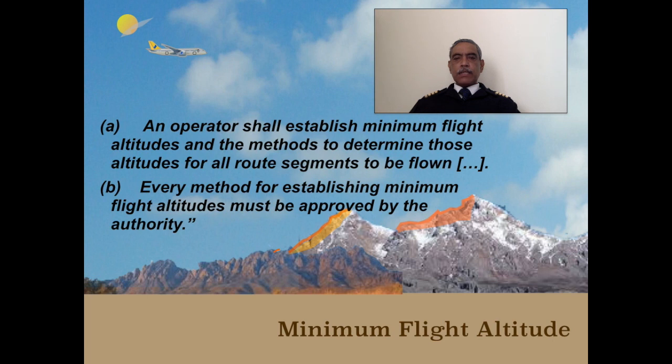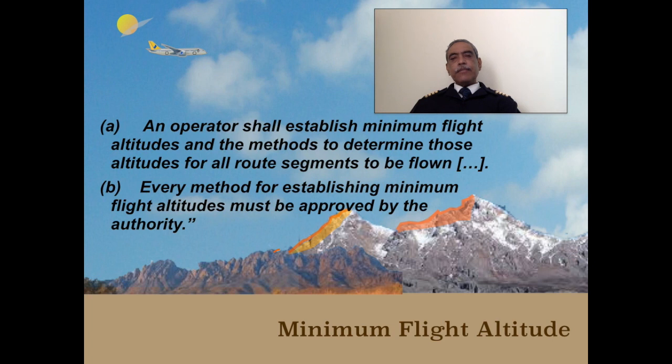Let us get on to this lesson. The rule position regarding minimum flight altitude. The rule says that an operator shall establish minimum flight altitudes and the methods to determine those altitudes for all route segments to be flown. And every method of establishing the minimum flight altitudes must be approved by the authority.